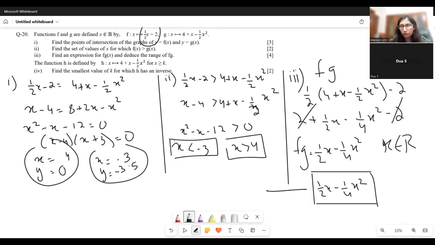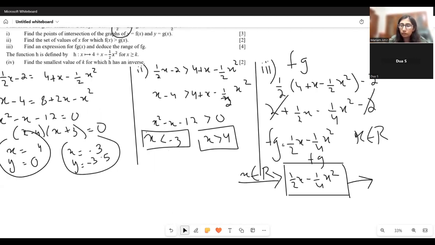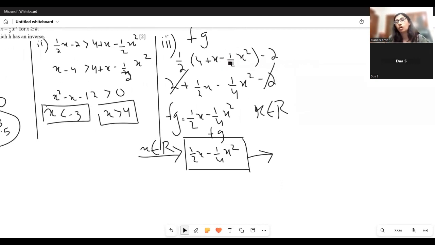The allowed input values for fg are the domain of g, so that is x belongs to real numbers. You have to account for all the values of x and tell what the range of this fg is. So I think the quickest way would be to sketch this quadratic graph and then see from it what the range of the y values is.